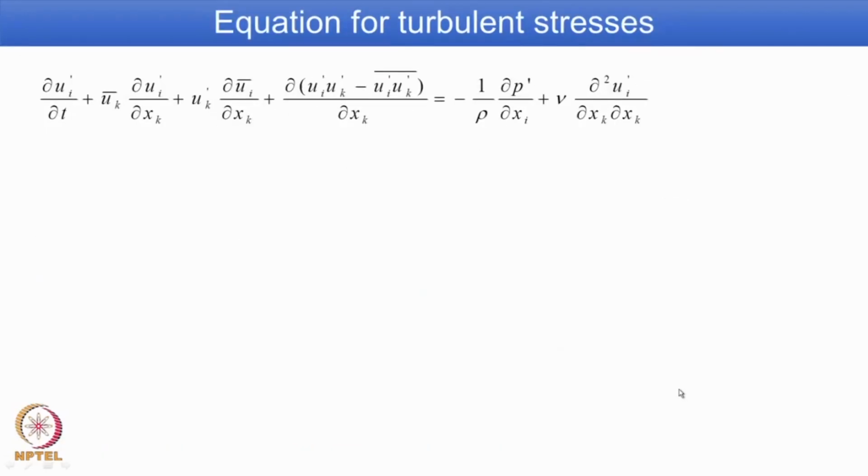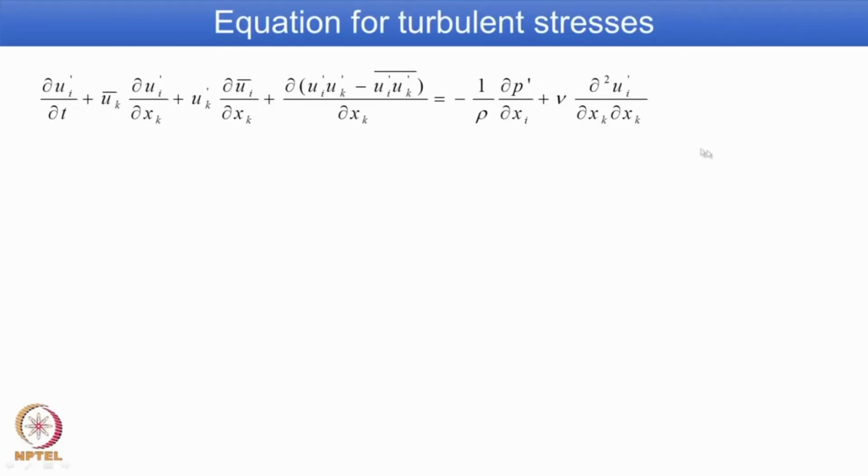Now, the question is whether it is possible to get equations for the stresses, because we mentioned in the closure problem that we have 10 unknowns now, but only 4 equations. There are 2 approaches: either you get additional transport equations for those additional stresses or new unknowns, or replace the unknowns by a known.